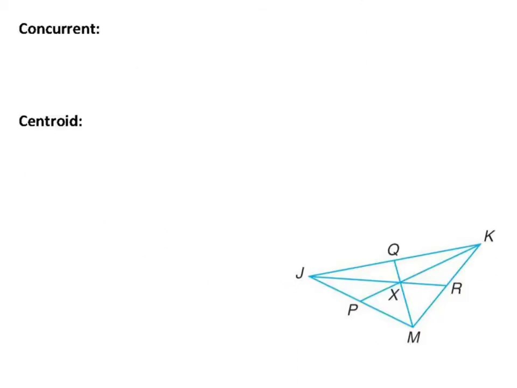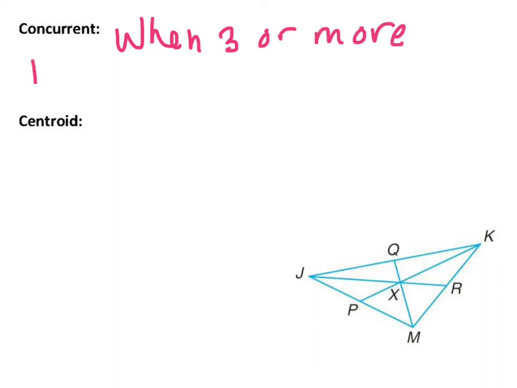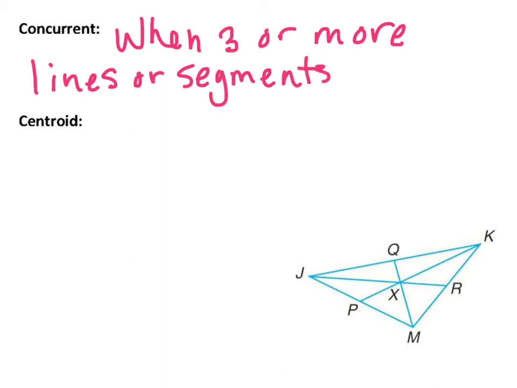Before we move on to the next concept, let's first define the terms concurrent and centroid. Concurrent means when 3 or more lines or segments meet at the same point.